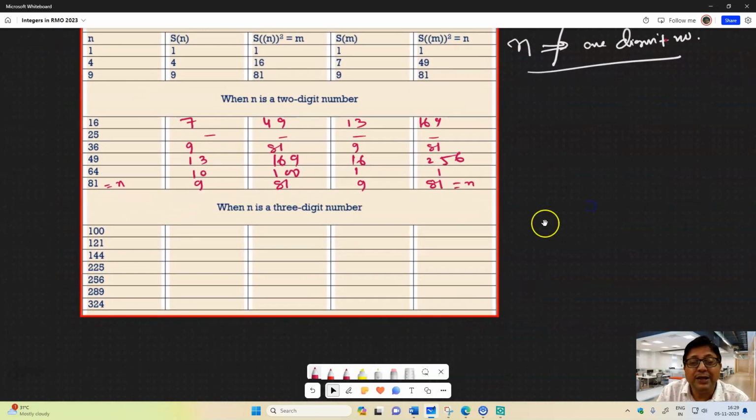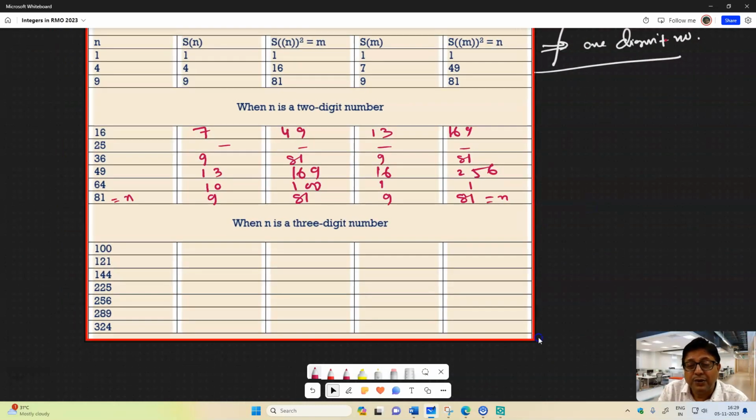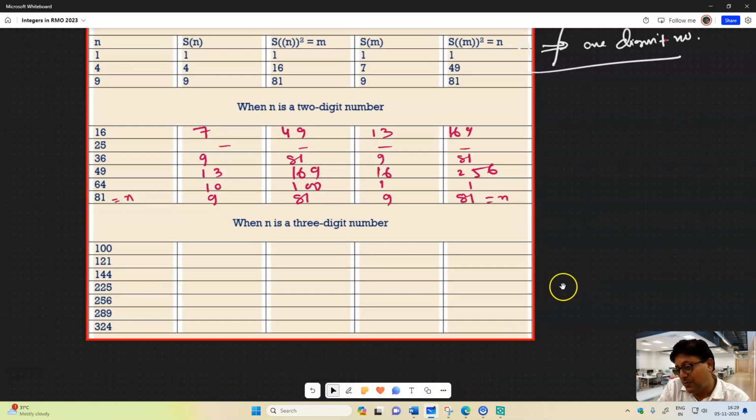That's why. Now let us try where we get the solution. It was not 5 digits, 4 digits, even more digits not possible. Now we have seen that it is not possible for a 1-digit number, not possible for a 2-digit number. Is it valid for a 3-digit number? Let us calculate Sn. It is 1, 1, 1, 1. So this one is 1 to 1. That is 4, 16.